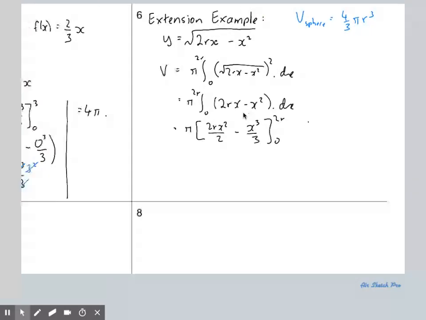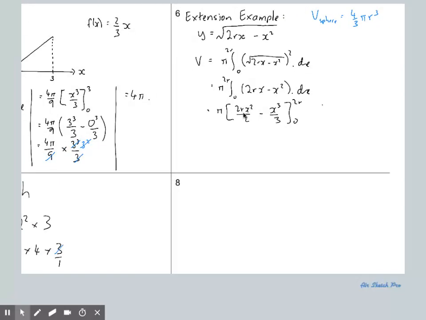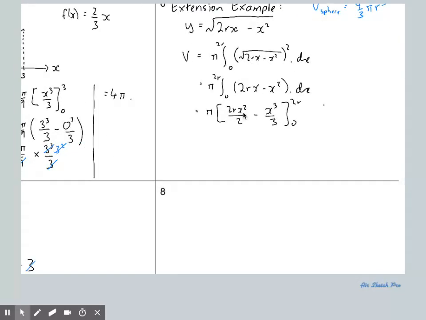I'm going to zoom out a little bit now. The rest of it is just trying to make sense of what all this means. I'm going to simplify as much as I can. Here, the 2's cancel out, leaving me with rx squared minus x cubed on 3 between 2r and 0.